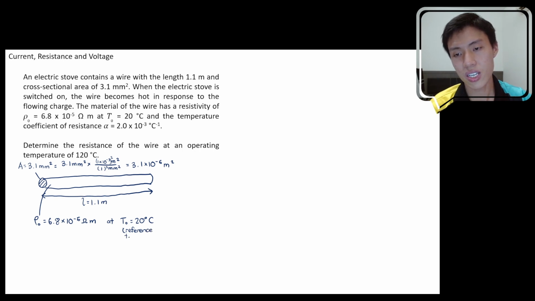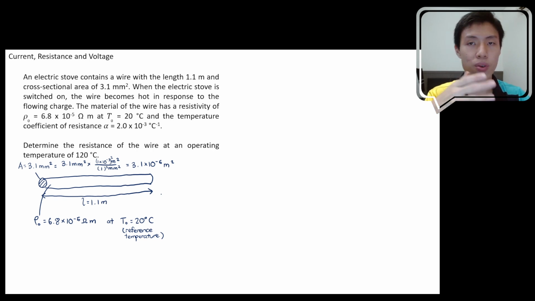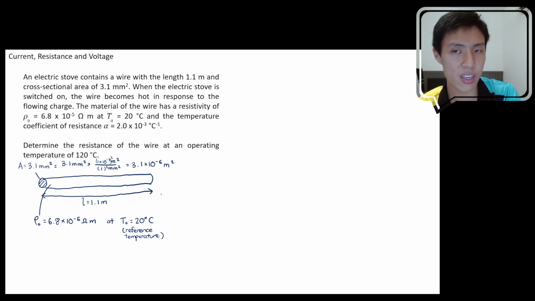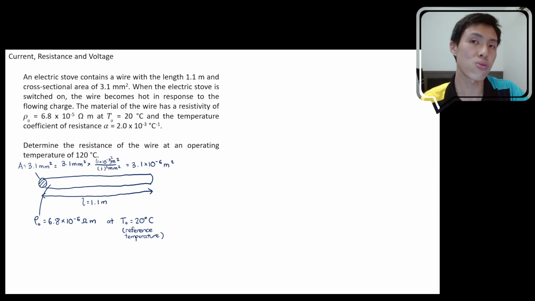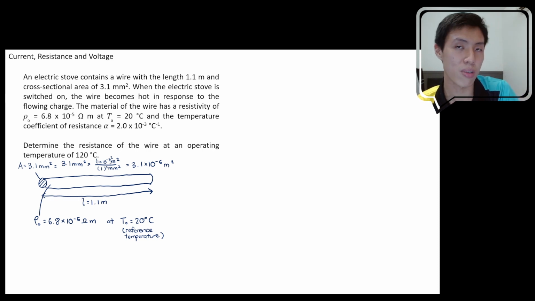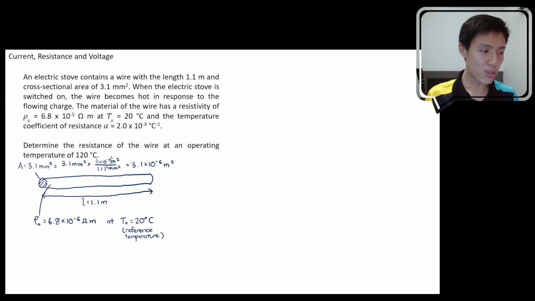Reference temperature is the temperature at which they conduct experiments to study resistance and resistivity. It's a standard temperature that we refer to when we are trying to say what is the resistivity of this material. We usually refer to 20 degrees Celsius when we are taking the measurement, because resistivity changes with temperature.